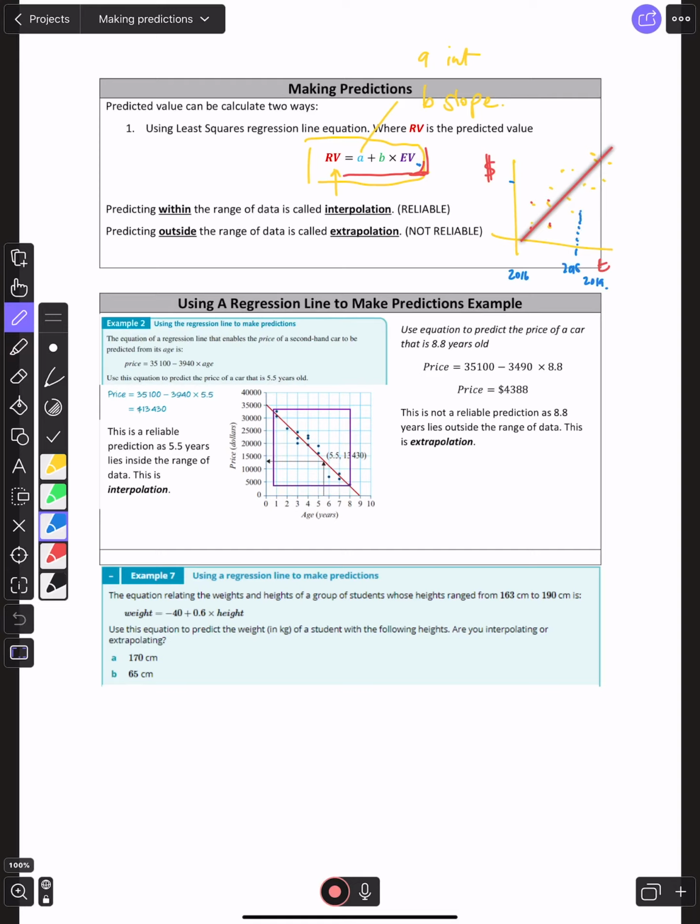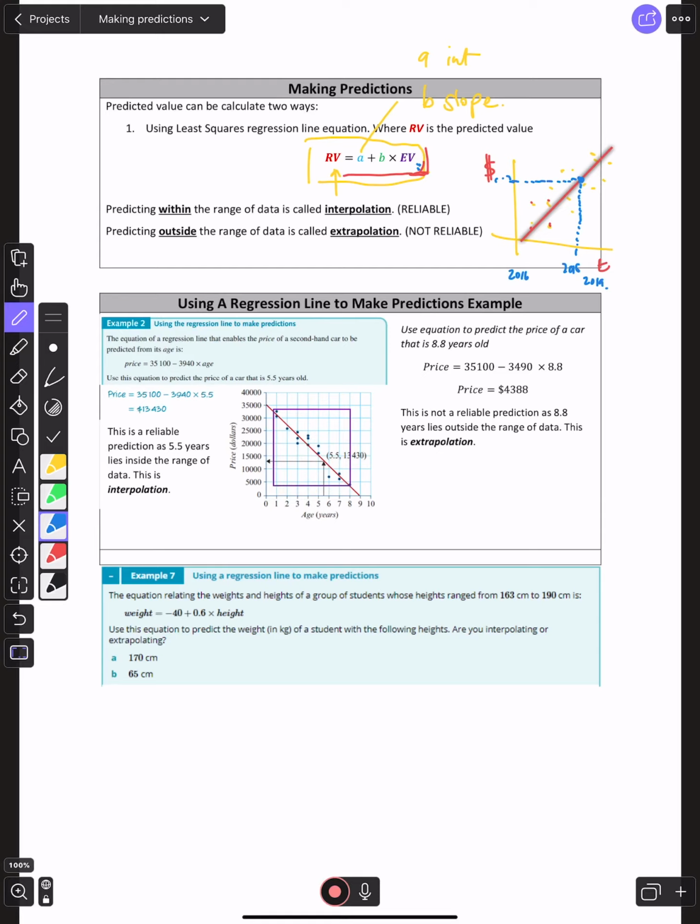Visually, you would see that by looking at this point on your least squares regression line. When we use the equation though, we get a much more accurate depiction of what that is.